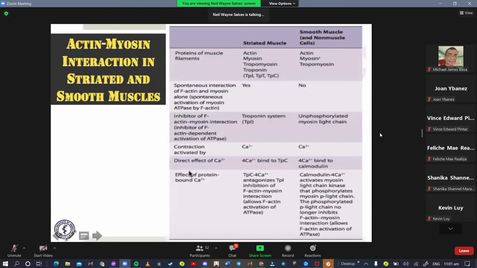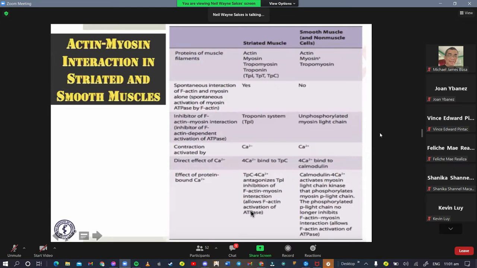The effect of calcium in striated muscle is through the binding of calcium ions to troponin C. However, in smooth muscle, calcium ions bind to calmodulin, as shown earlier.